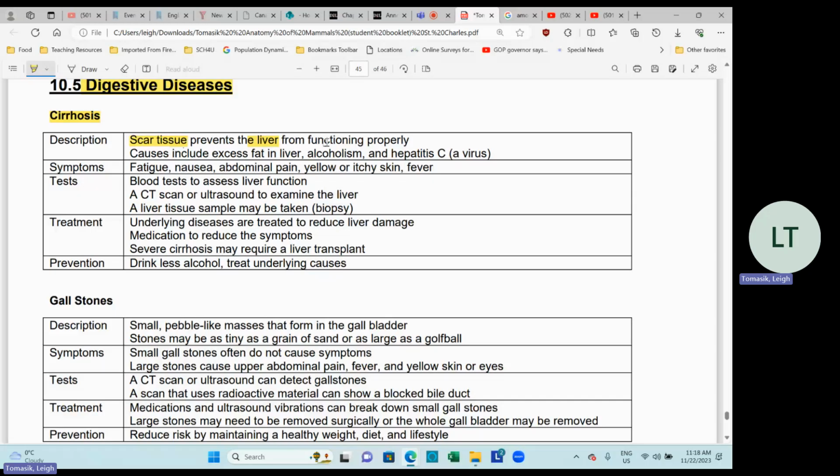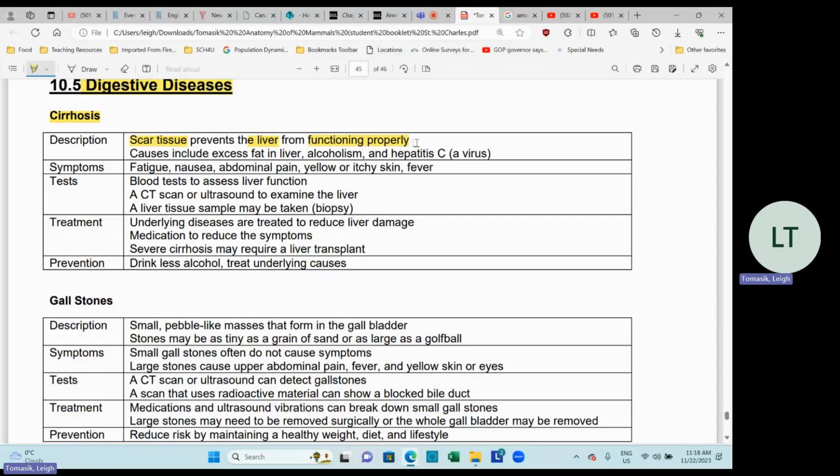So people who ingest too much alcohol really make their liver work hard, and sometimes they can damage their liver if there are more toxins than the liver can handle, and they develop scar tissue, and it prevents the liver from functioning properly.